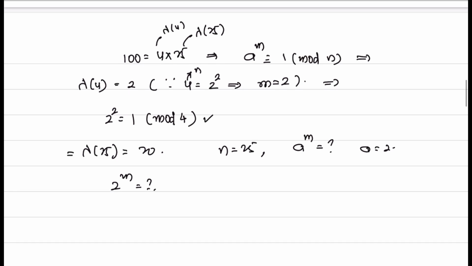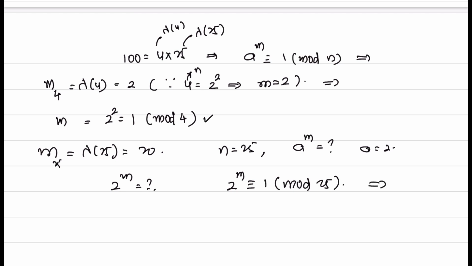This m is equal to m in case of 25, as m in case of lambda 4. 2 to the power of m is equal to how much? We don't know. n is equal to 25. But as per Carmichael theorem, 2 to the power of m is 1 modulo 25.